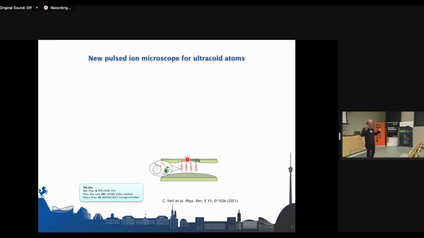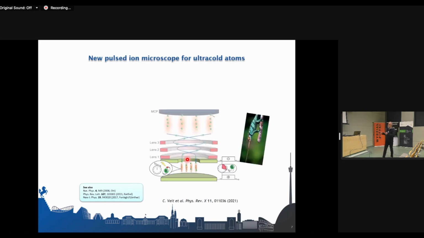Let's say you put a lattice or something, some cold ensemble, starts at T1, where we, for example, excite a Rydberg state or an ion by photoionization. Then we can wait for a certain time until we want to look at it.